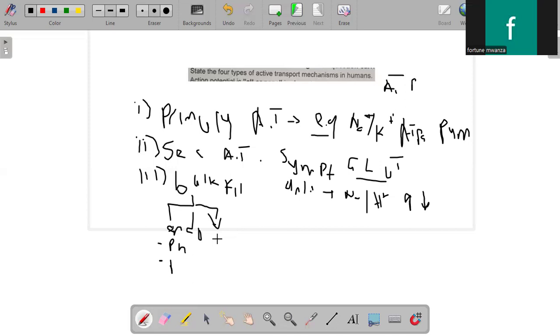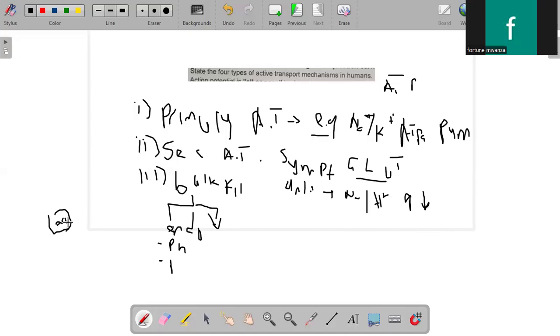We'll understand more when we start looking at the neuromuscular junction. There are vesicles in the presynaptic membrane storing a neurotransmitter called acetylcholine.